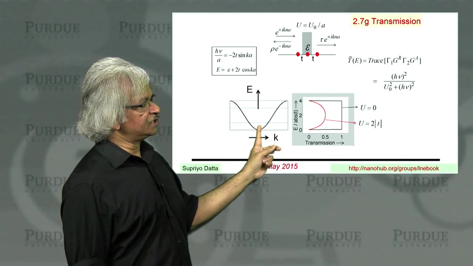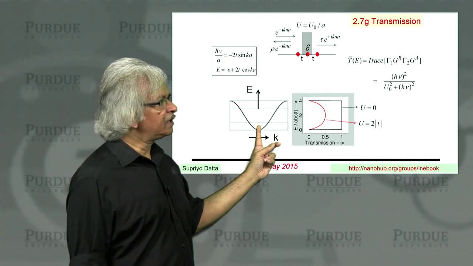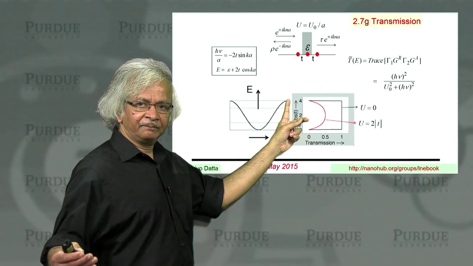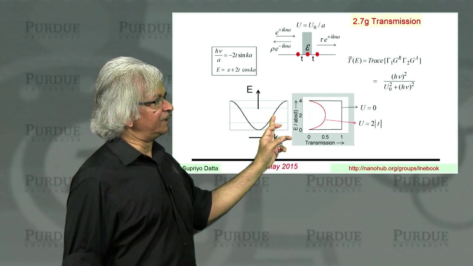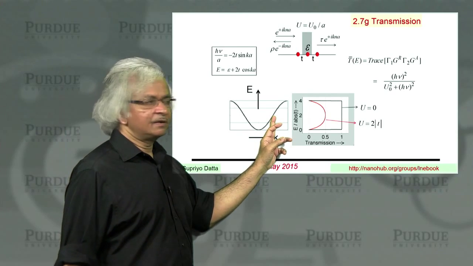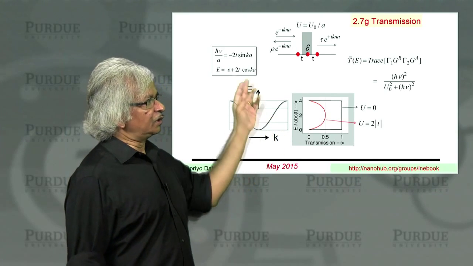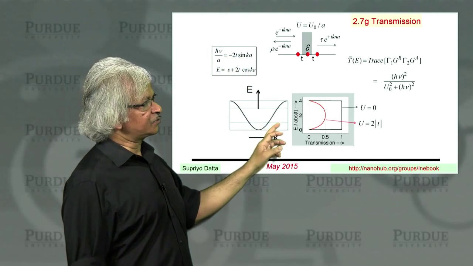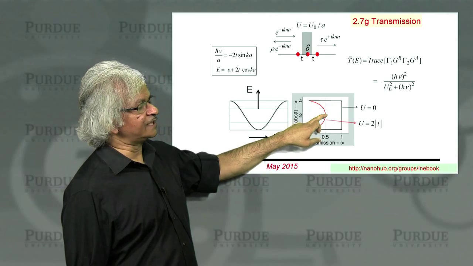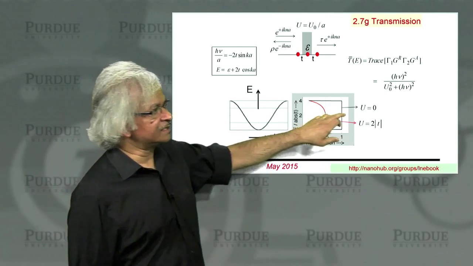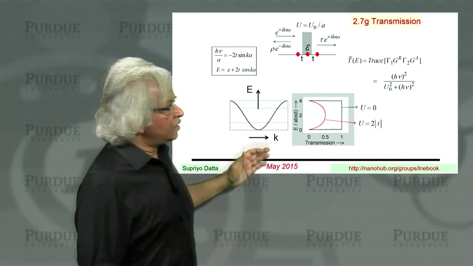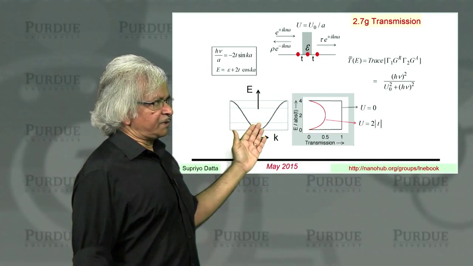The velocity is 0 where ka is 0, and also 0 where ka is equal to pi. It's a maximum right in the middle, where ka is pi over 2, and the maximum value is 2t. So right around there the transmission is the biggest, because that's where h bar v is biggest. It all follows from that expression.